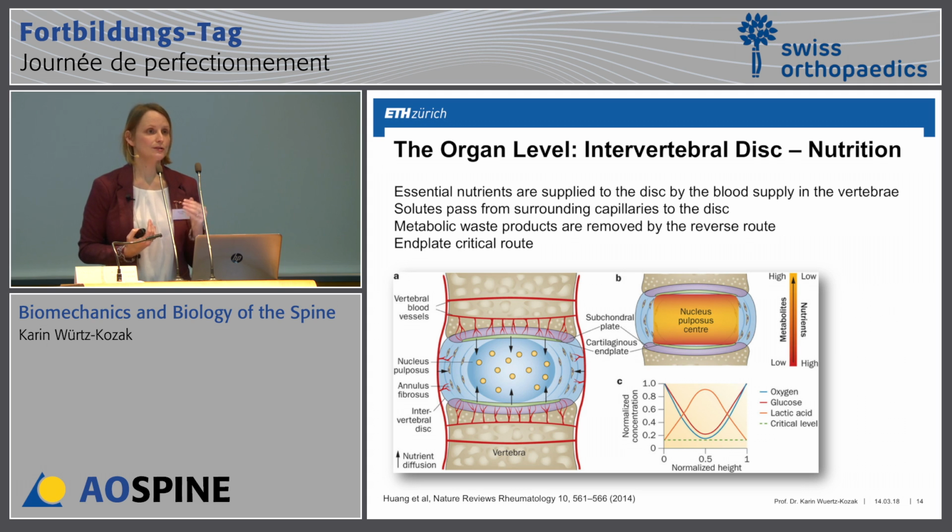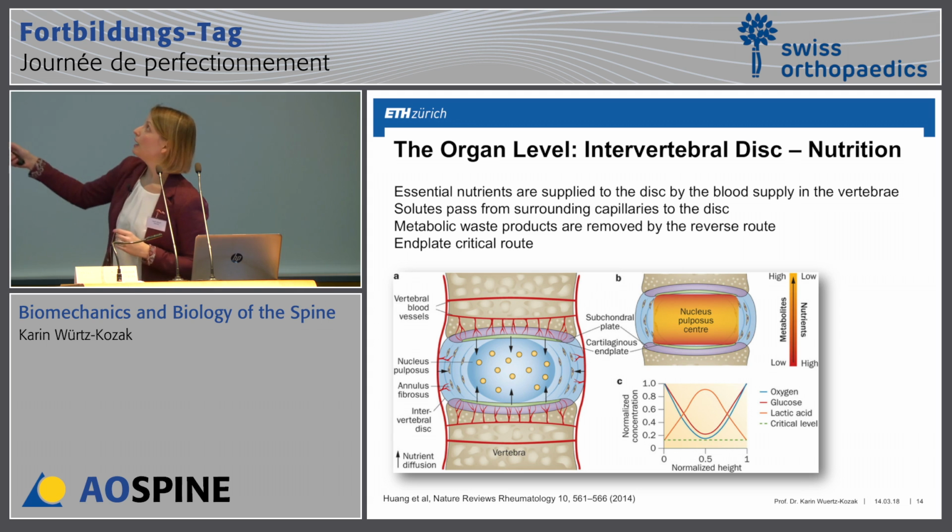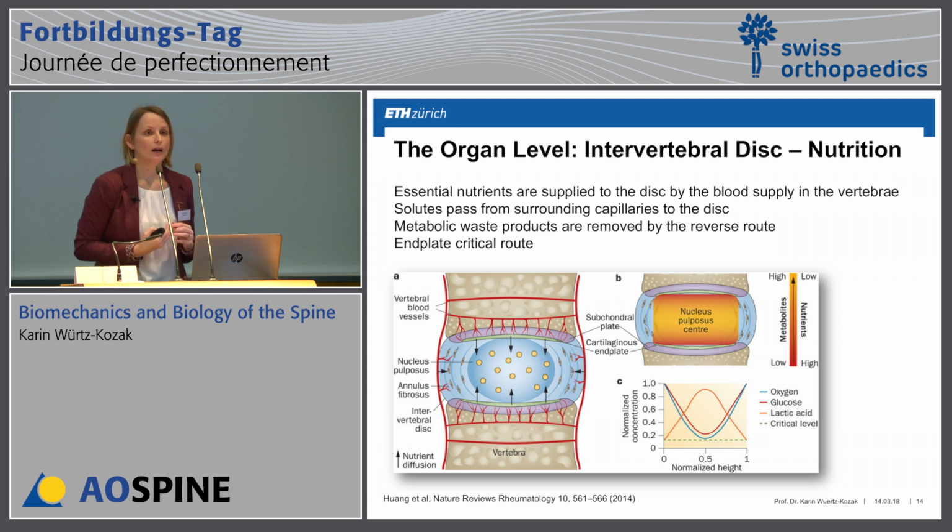So you have a decrease in the pH towards the middle, so it's more acidic, and this is shown here. In fact, in a degenerated disc, the pH can go as low as around pH 6, whereas in a normal tissue you would normally have 7.4. In the disc it's usually around 7, even in a healthy condition.